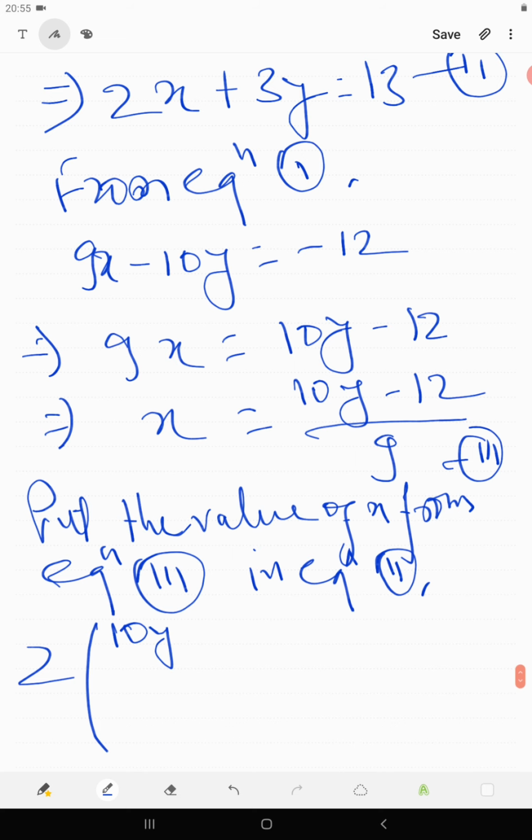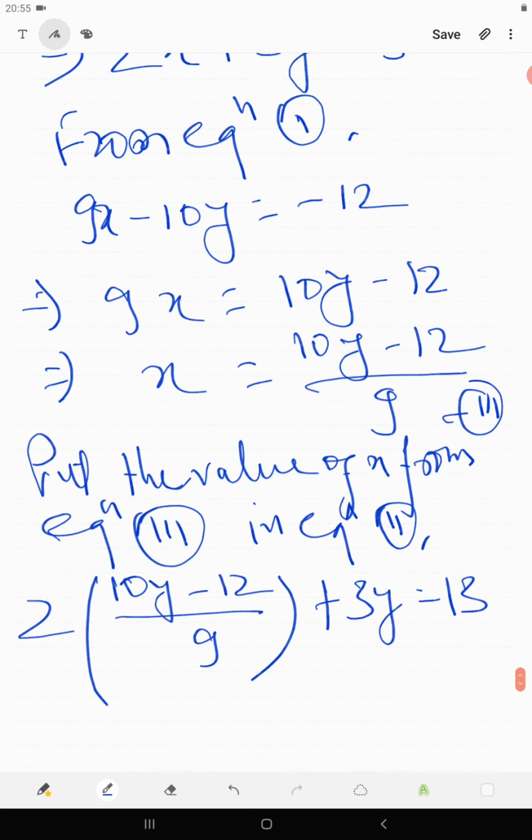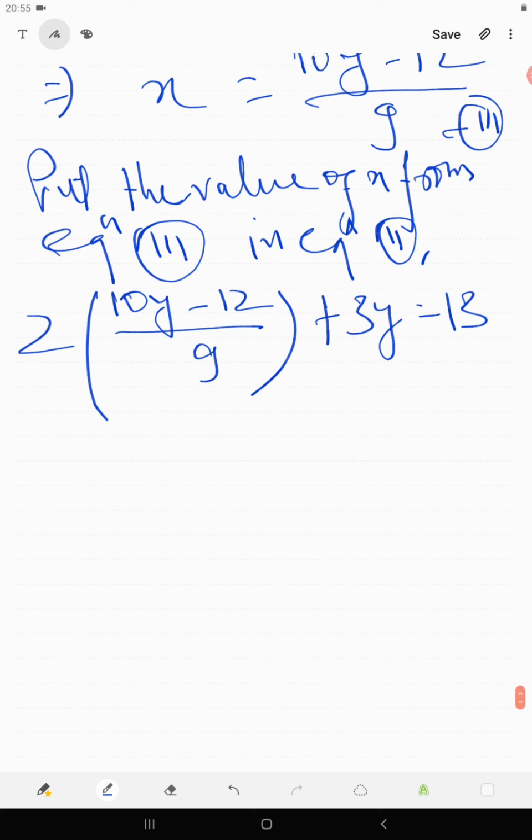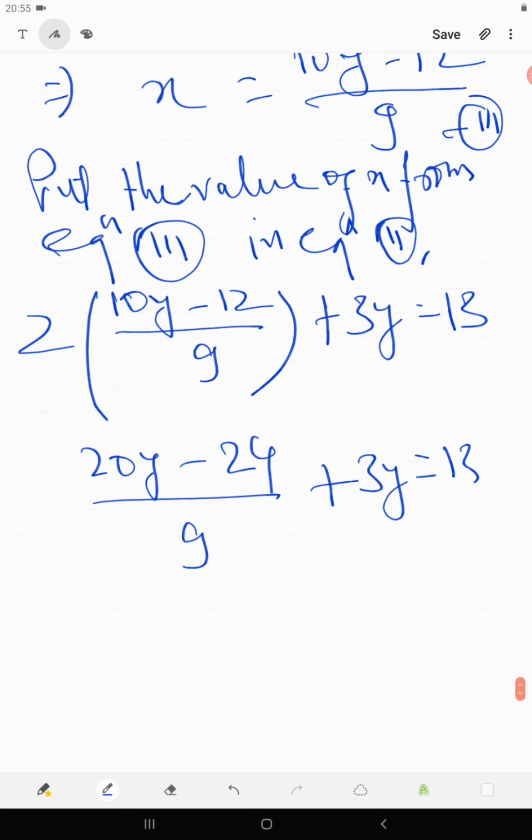So 2 times 10y minus 12 divided by 9 plus 3y equals 13. Now 2 into 10y is 20y minus 24, since 12 is multiplied with 2, so it will give us 24, divided by 9 plus 3y equals 13.